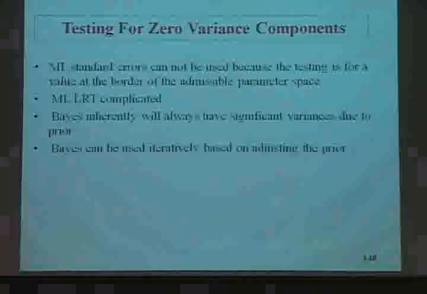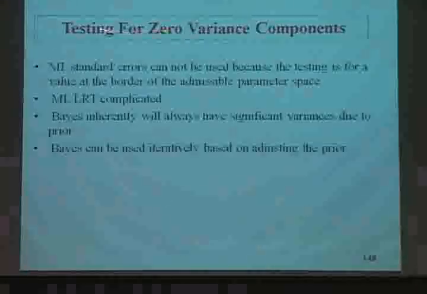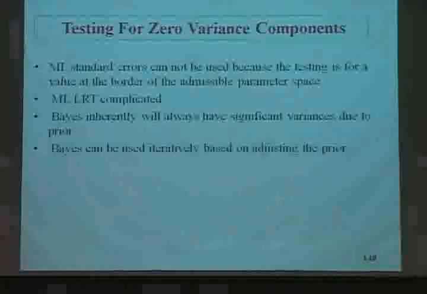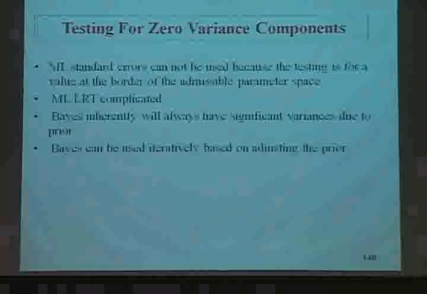So basically, that goes towards an important concept when you are working with random effects: how can we test for zero variance components? How do we test if there is really a random effect there, or is it a fixed effect? How do we know if the random effect has a non-zero variance and it's a real random effect, or is it just a fixed parameter that doesn't have random variation across clusters?